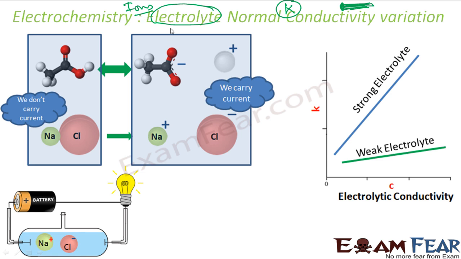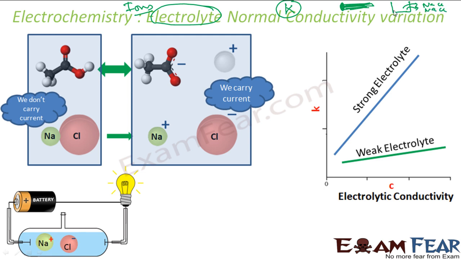Now if we increase the concentration of ions, obviously what will happen? If you increase the concentration of ions, the ion count per unit volume, then the conductivity increases. Let's suppose I have 1 glass of water, you add 1 teaspoon of NaCl, you measure the conductivity, you add 2 more teaspoons of NaCl, you measure the conductivity.